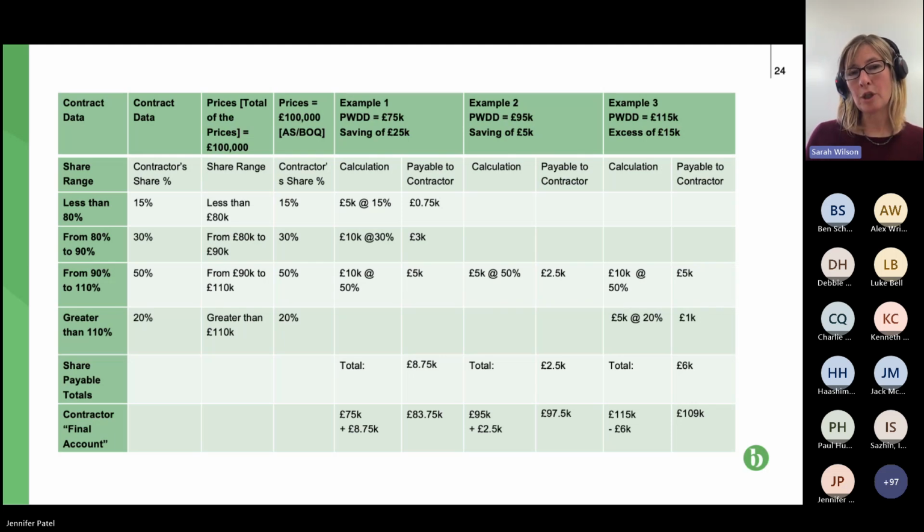So that's its share. Obviously, the balance of that £25,000, my maths isn't going to work on that. So the difference between 25,000 and the 8.75, that is the share that the employer, the paying party, keeps. So they do substantially better than the contractor here.